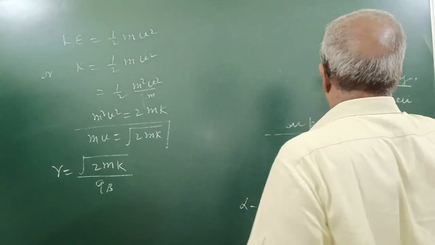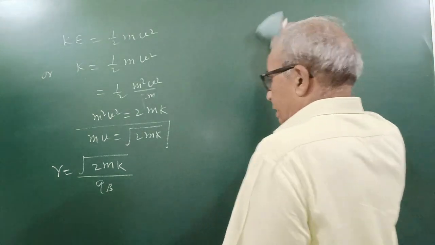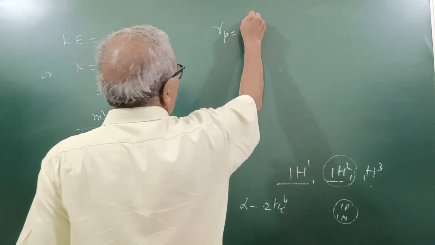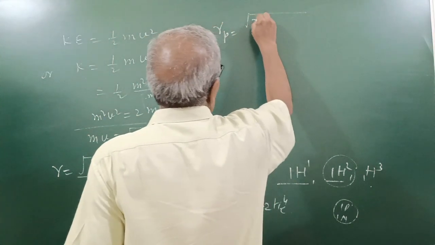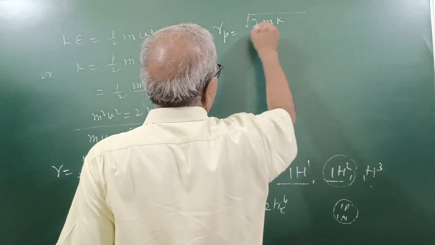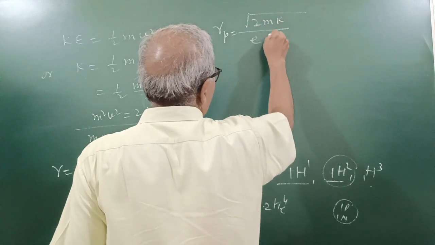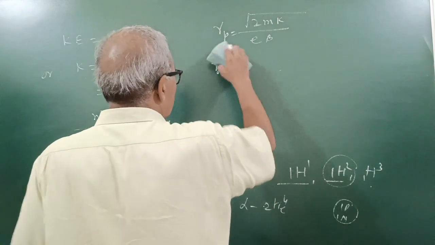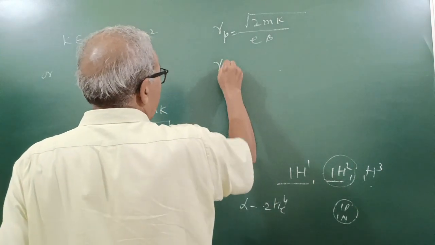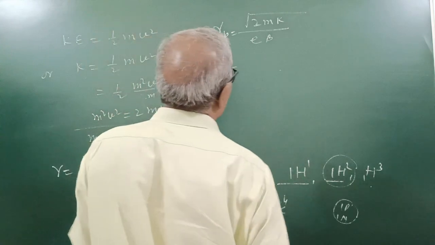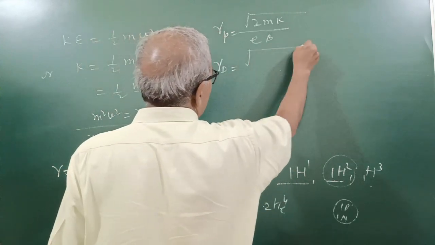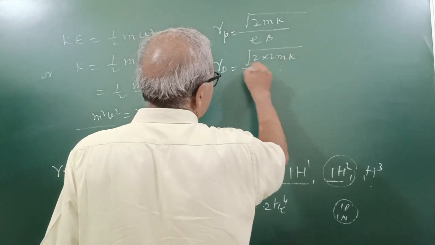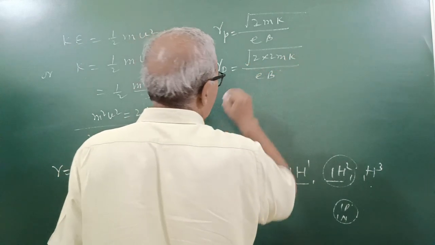Radius of proton, Rp, is under root 2mK upon eB. For deuteron, I write D, its mass is 2m, K, and charge e.